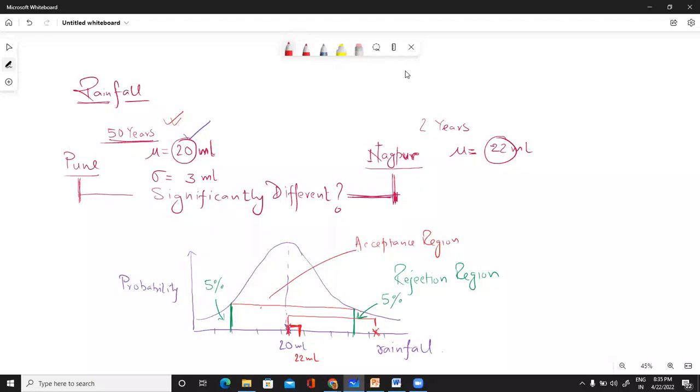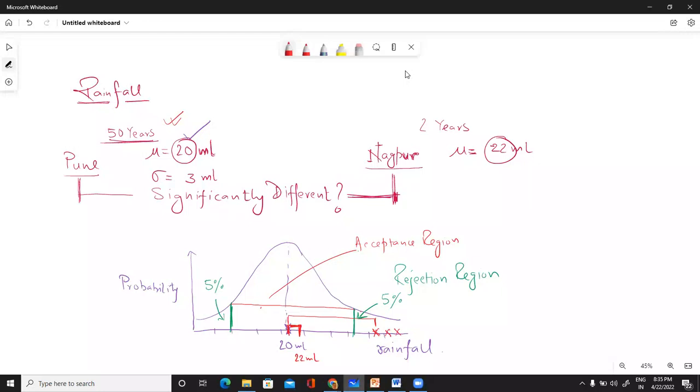So when our given new value is somewhere here in the rejection region, we say that something has definitely changed or something has affected it. It is not the same as the past data.